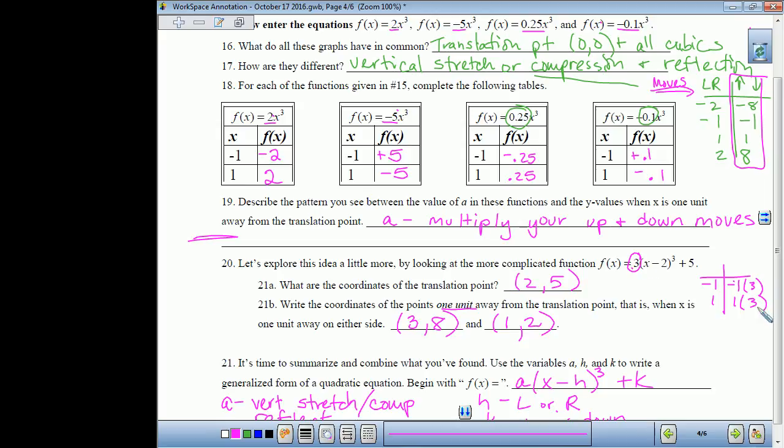The 3 gets multiplied times our y's. So left 1, down 3. Left 1 is 1, down 3 from 5 is 2. This is right 1, up 3. So right 1 from 2 is 3, up 3 takes us to 8.